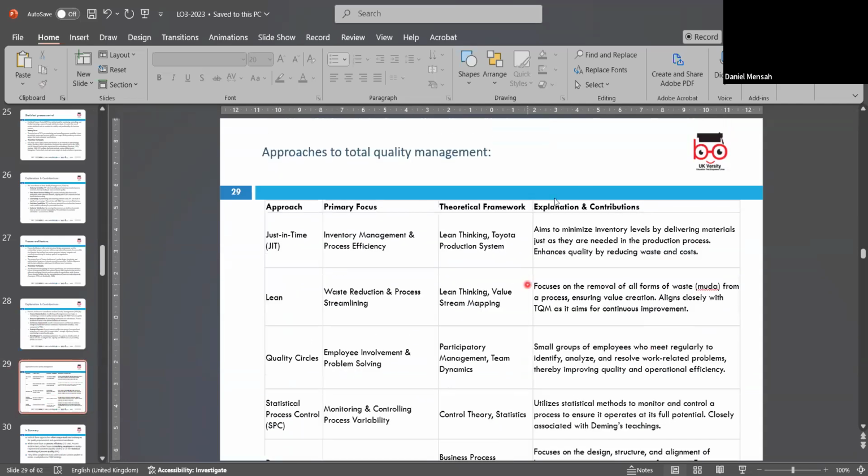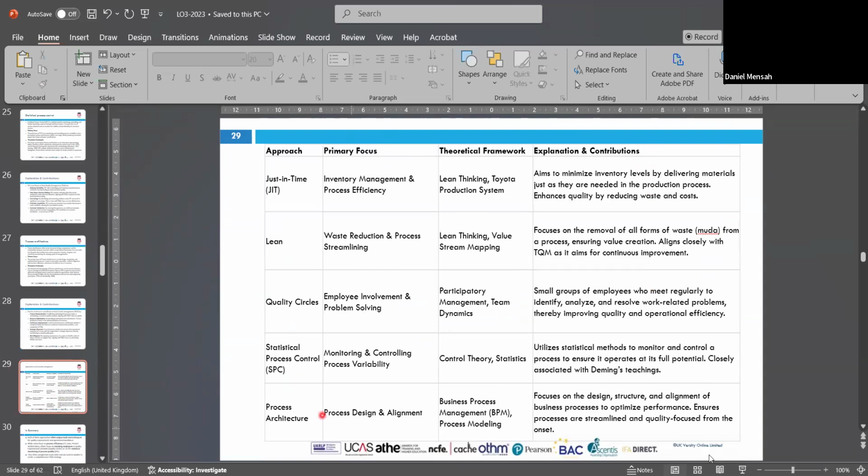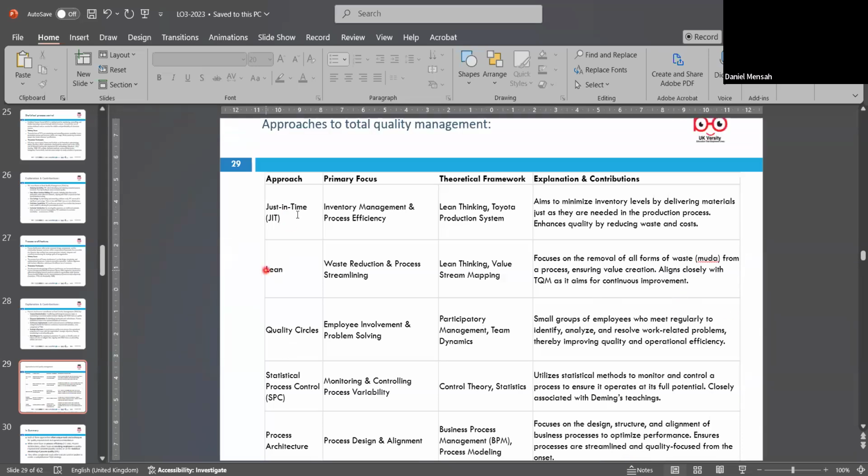So there is a tabular explanation. They have consolidated all the techniques in one table where you can make a better analysis about the approaches, which approach has a main focus in what area of quality improvement sector.